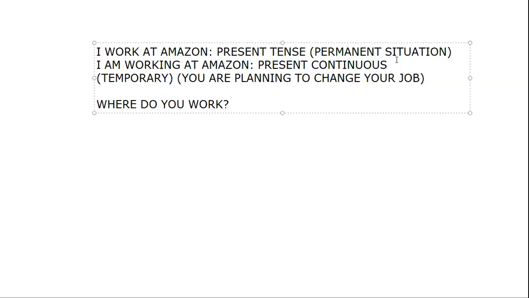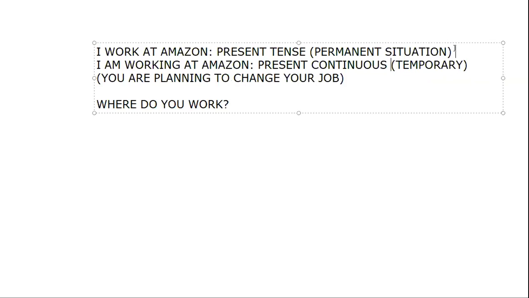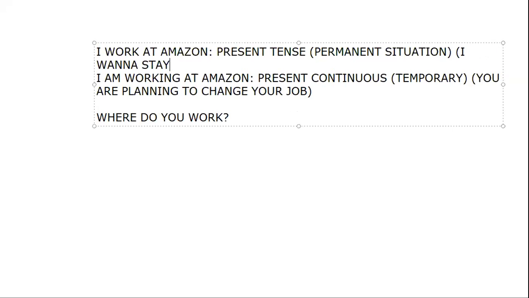But here it's different when you say, I work at Amazon, so it means I want to stay here. I didn't know this until I talked to one of my teachers in the other master's I'm taking, and she was explaining this big difference between these two phrases.